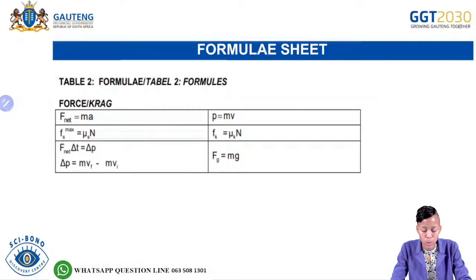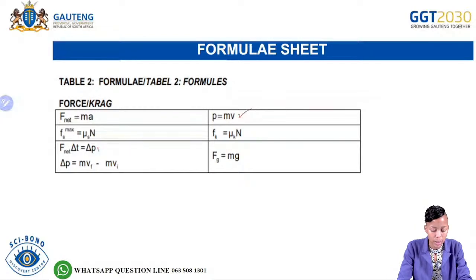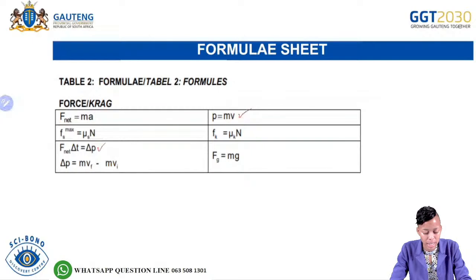Now for you to do your questions, you are going to need your formula sheet, and you need to be able to identify the correct formulas that you need to use. For momentum, we are going to be using this formula, which is p = mv. Then we are going to be using this formula, that is F_net Δt = Δp, the change in momentum.